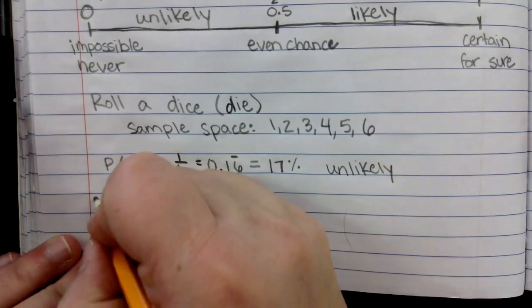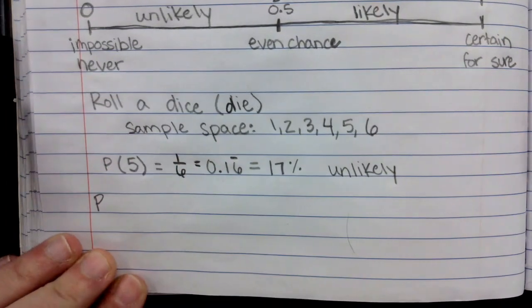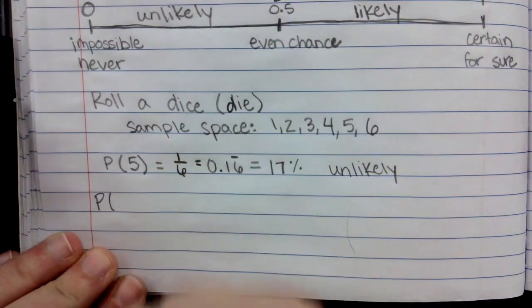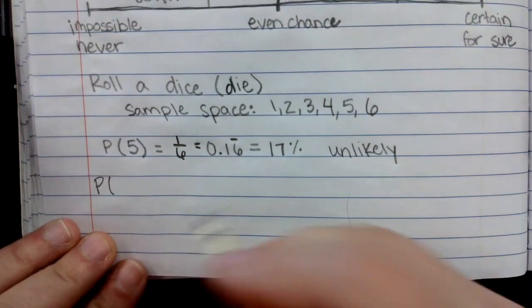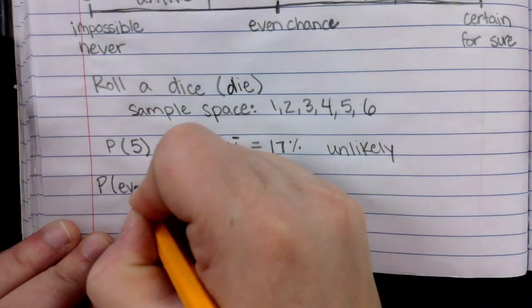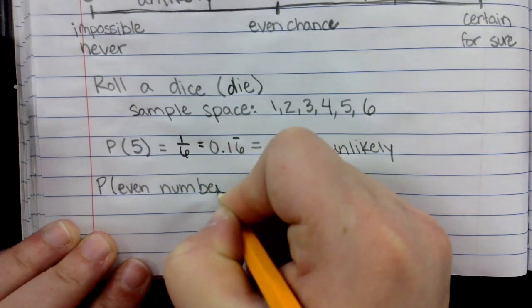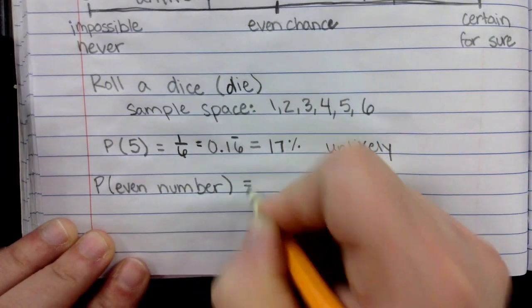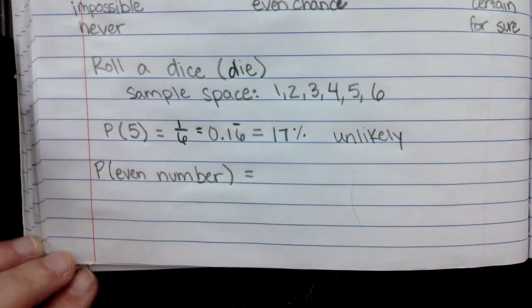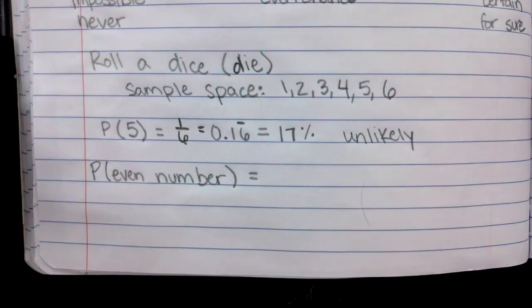First off, let's make sure we all have the same definition. Which numbers are even on the dice? Okay, 2. What else? 4 and 6. Okay, those are the only even numbers on the dice. 2, 4, and 6.